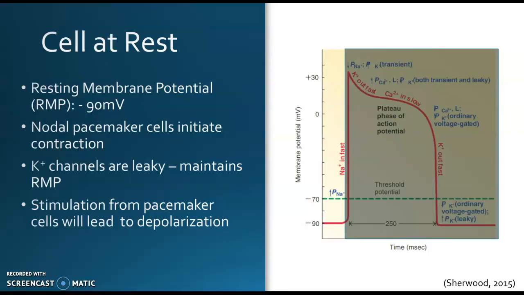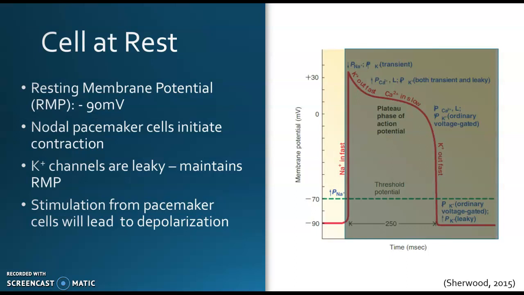So as I said, when a cardiomyocyte is just at rest, it's at about that -90 millivolt potential. And one of the other special things about the cardiomyocytes is instead of having that neural stimulation like you need in that skeletal muscle tissue or even in nerve impulses through the nervous system, your heart has what are called pacemaker cells.